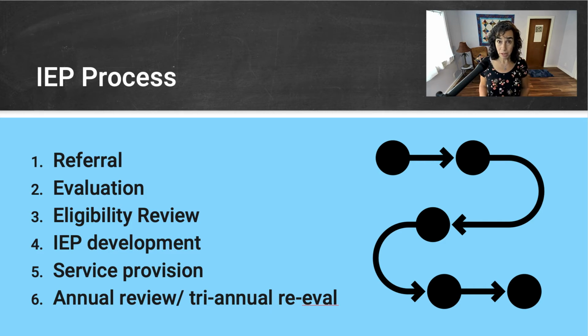Then we have an evaluation, and what happens is that an assessment plan gets signed, and then there's a certain period of time that everybody has to complete the evaluation.